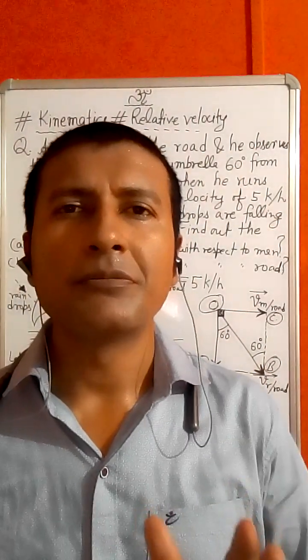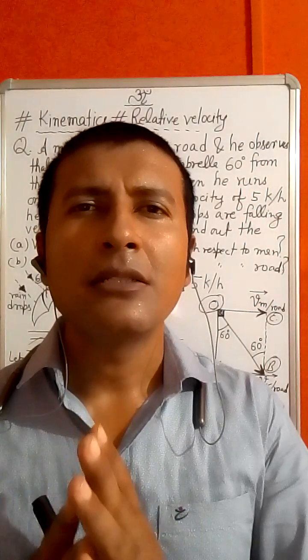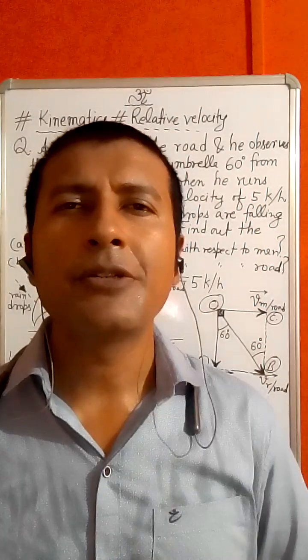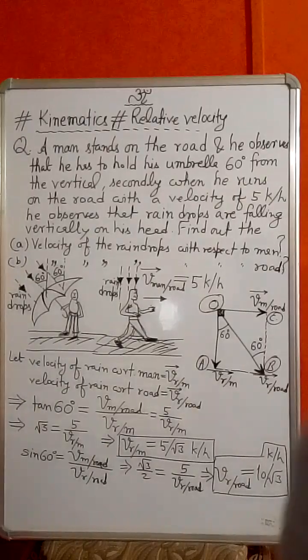He holds the umbrella by making an angle of 60 degrees from the vertical. So let's discuss it like this.